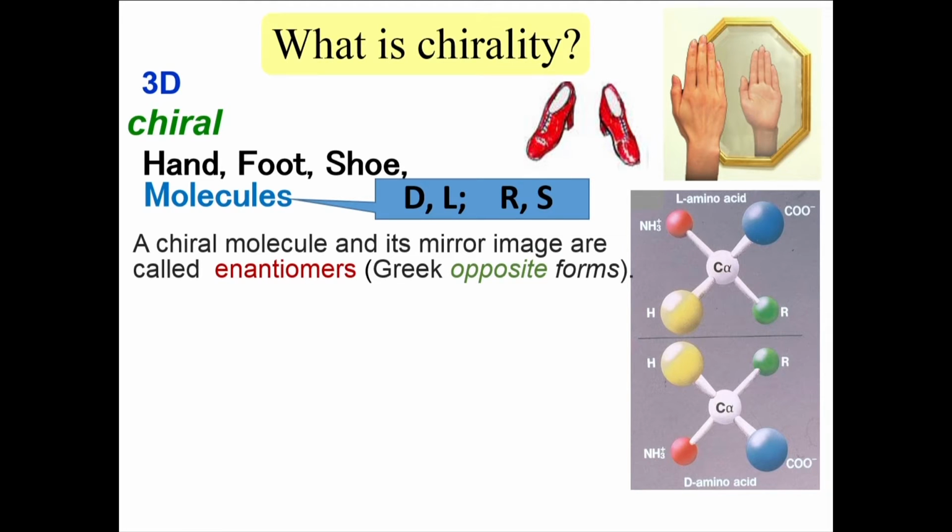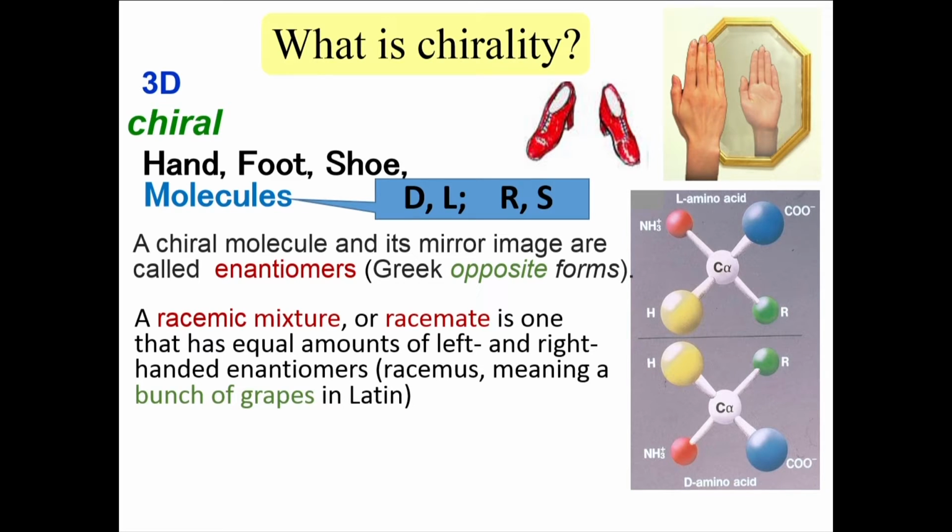And a chiral molecule and its mirror image are called enantiomers. Again, a strange word, but actually this means opposite form in Greek. So it doesn't say really very strange thing. So this L amino acid and D amino acid are enantiomers of each other. A racemic mixture or racemate is one that has equal amounts of left and right-handed enantiomers.